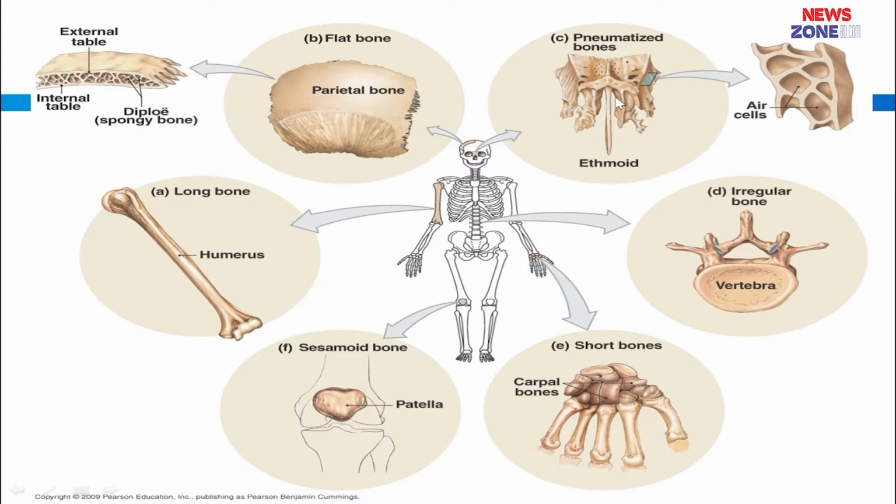Now, some of the bones present at the nasal area, like the ethmoid bone, have air cavities inside them. So, it is a pneumatized bone or pneumatic bone. This is a vertebra, which is very irregular in shape, and this is an irregular bone. This is the patella, which is present at the knee, and this is a sesamoid bone. And some of the bones present in our hand are short, and they are the carpal bones.